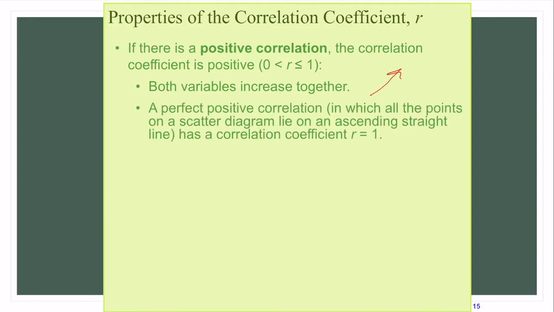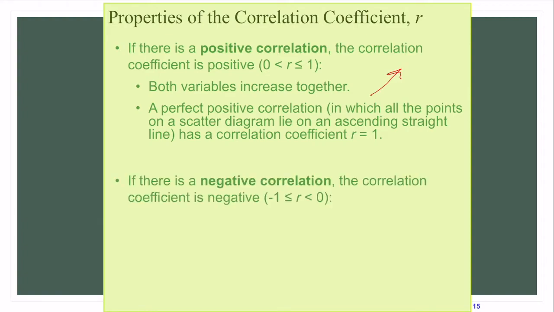And a perfect positive correlation, in which all points on a scatter diagram lie on an ascending straight line, has correlation coefficient R equals 1. I want you to note that perfect correlation, positive or negative, doesn't occur in the real world. It might in some of the examples in our text, but it's not going to happen in the real world. If there is negative correlation, the correlation coefficient is between -1 and 0, but it's not equal to 0.